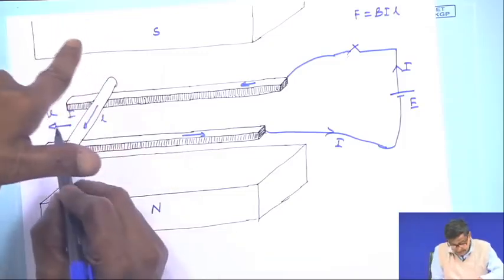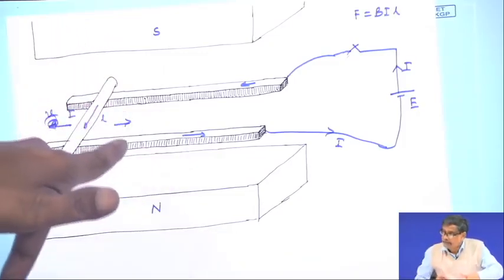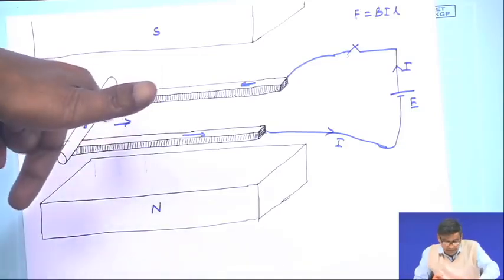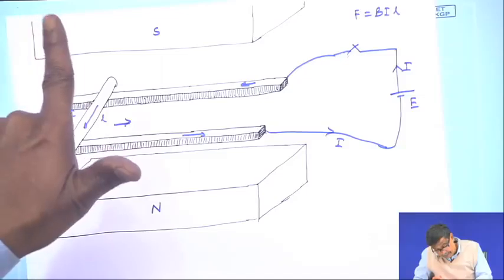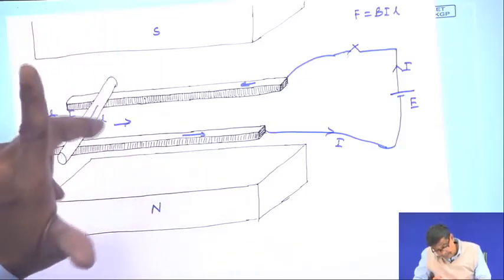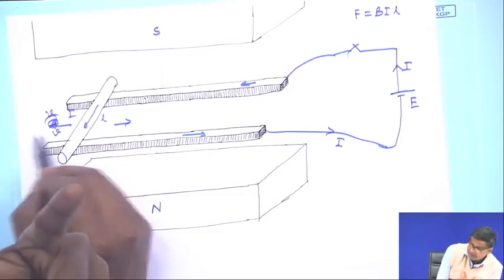BIL, it will start moving in this direction. If the current is reversed, it will start moving in the opposite direction like this.